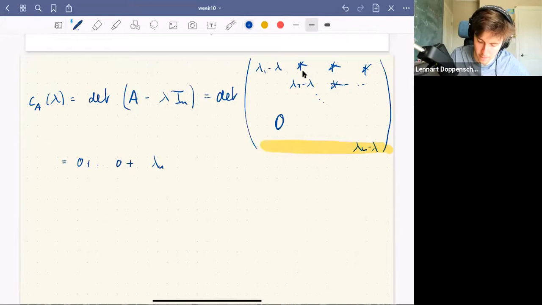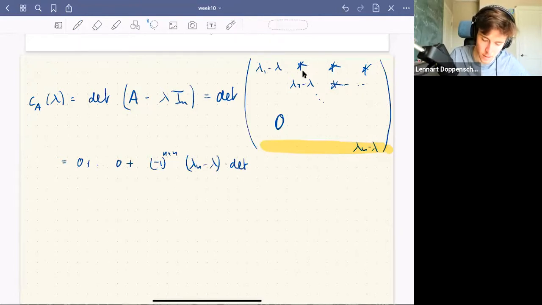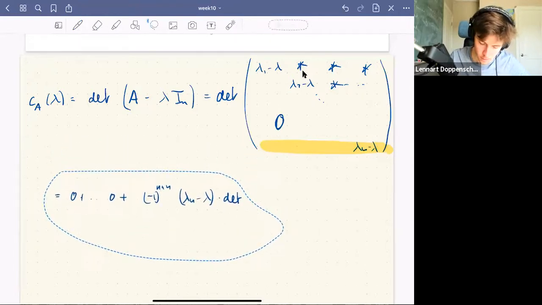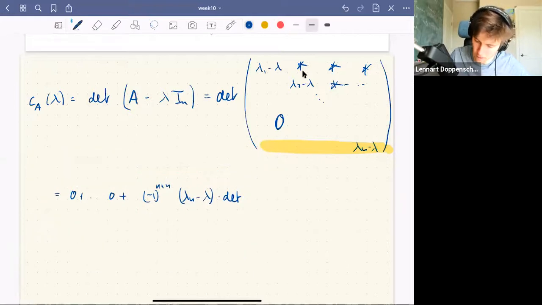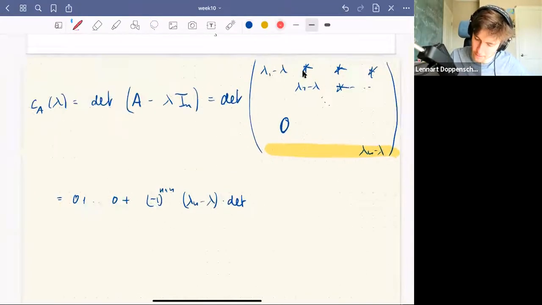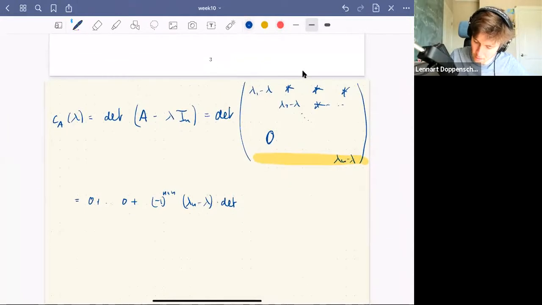And then we have (-1) to the n plus n, this is the cofactor with the right sign, times lambda n minus lambda times the determinant. Determinant of what? This is the beauty. If you strike out this row and this column, we get the minor that we need.